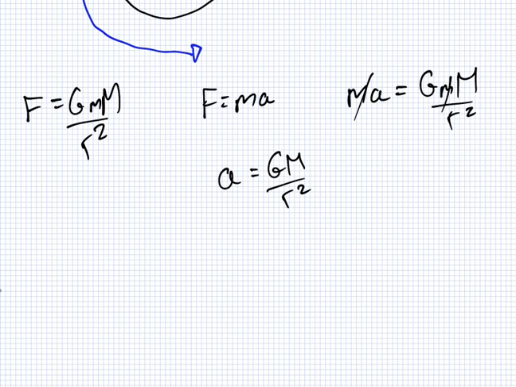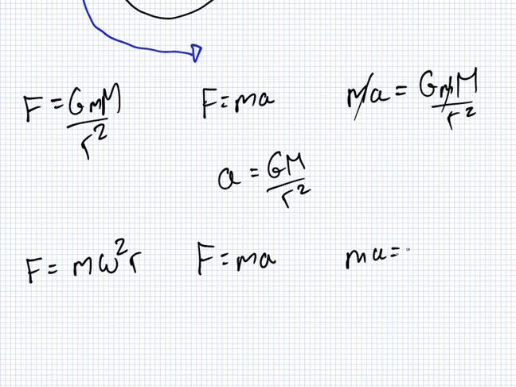But you also know that it's moving in a circle, so you can use the formula F equals m omega squared R. And you also have F equals ma, so you get then ma equals m omega squared R. So a equals omega squared R as well.